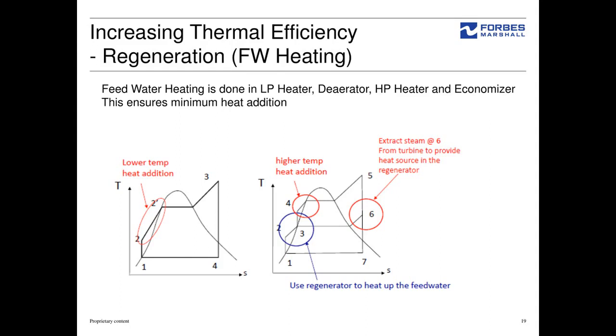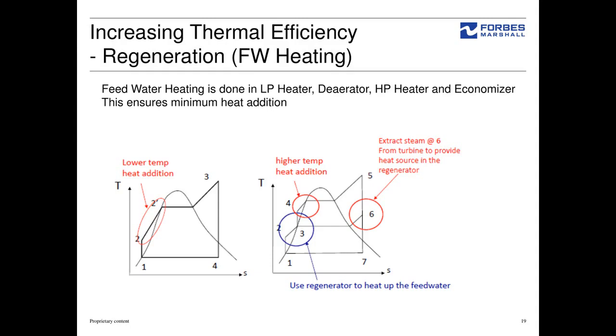In most modern power plants, feed water is heated in multiple stages. At point 1, it's condensate outflow from condenser. We use the first pump, which is a condensate extraction pump, which increases pressure from point 1 to point 2. After increasing this pressure, this whole feed water, or hot condensate plus DM makeup water, is passed through LP heaters.